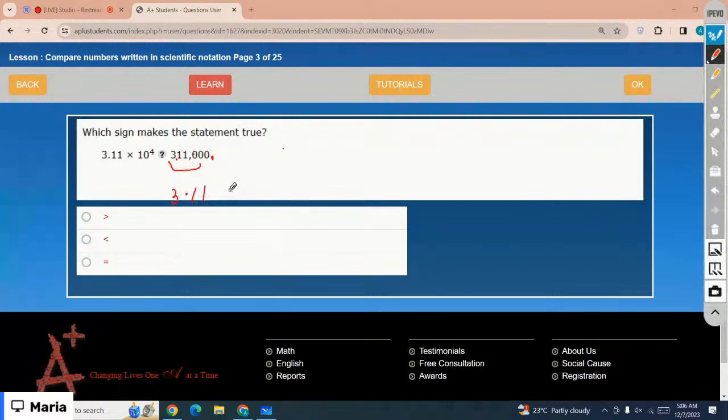So that would be 3.11 times 10 exponent 5. Right? You move the decimal point 5 places left. So the correct option is, here you have 3.11, here you have 3.11. They both are exactly equal. But here you have 4 and here you have 5. So 4 is less than 5. Got it? That means 3.11 times 10 exponent 4 is less than 3.11 times 10 exponent 5. Got it?